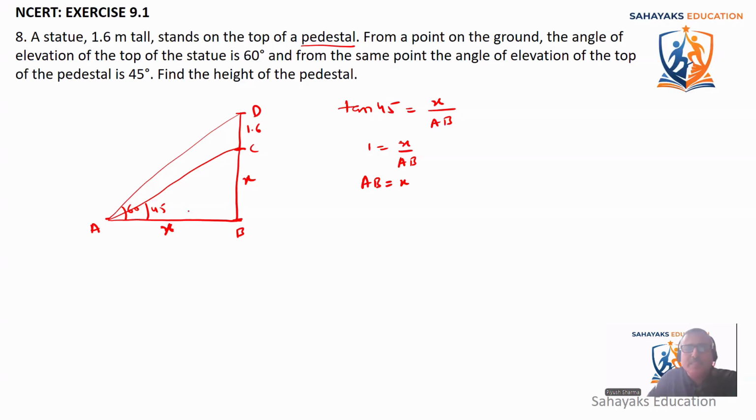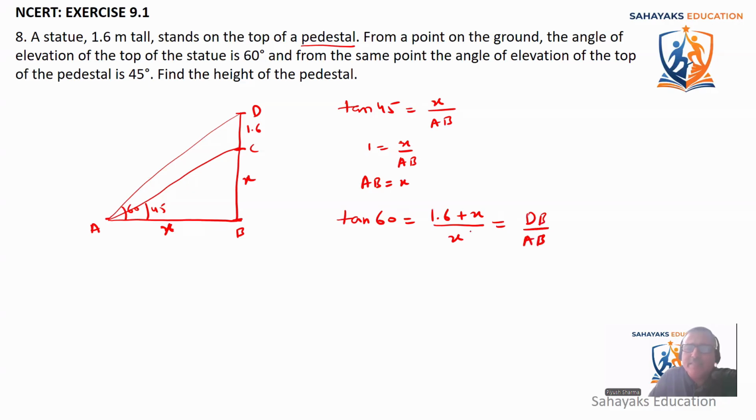Now, from this, let's find out the total height of the pedestal and statue. So tan 60 is equal to 1.6 plus X, because the entire height is 1.6 plus X, divided by X. We have already found AB is equal to X. So it is DB divided by AB, right?